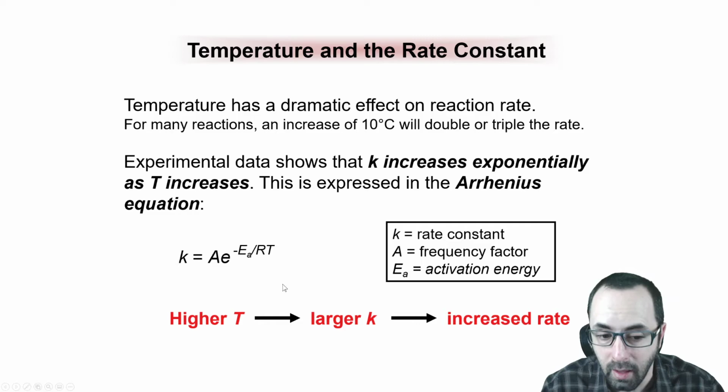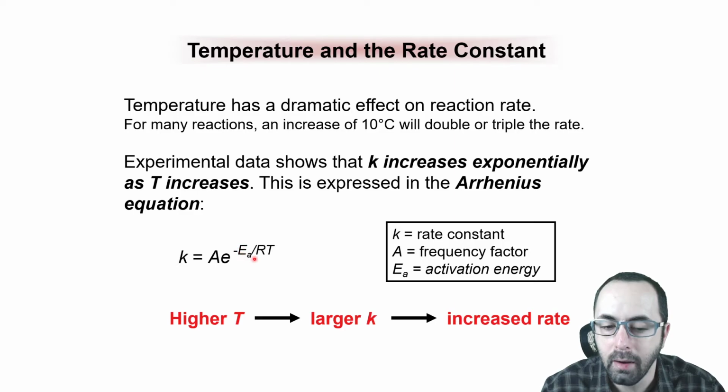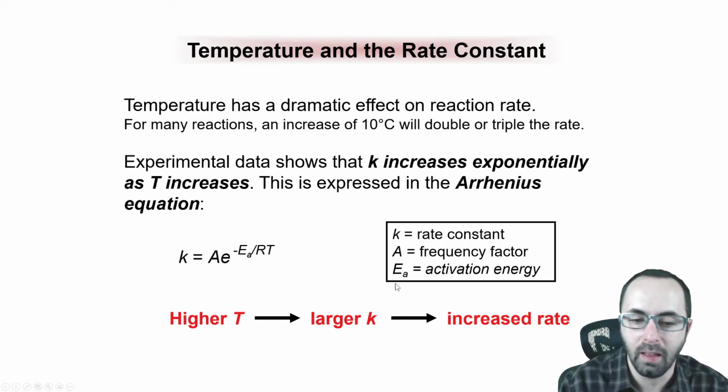And analyzing this again mathematically like we did, if we have a bigger temperature here, that is going to make this entire negative value smaller. So let's break this down.